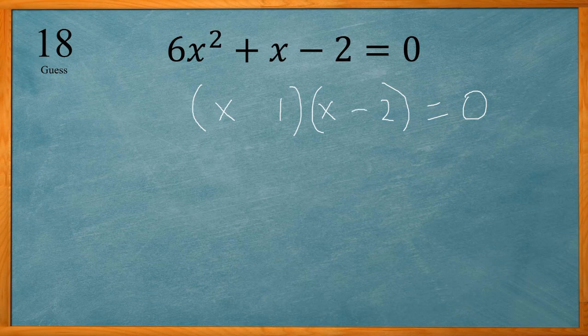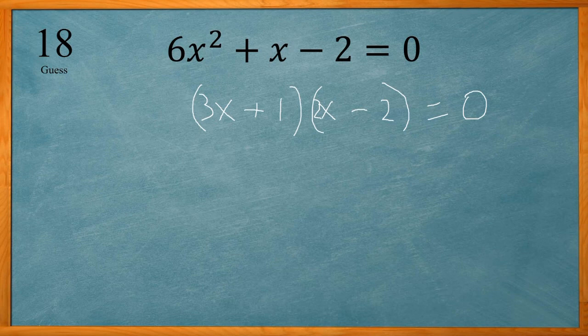And then in order to get the 6, I need a number here times a number here. So let's just say this is 3 and this is 2; my other choices would be a 1 and 6. And this would have to be positive. That gives me the 1 times -2, which gives me -2.